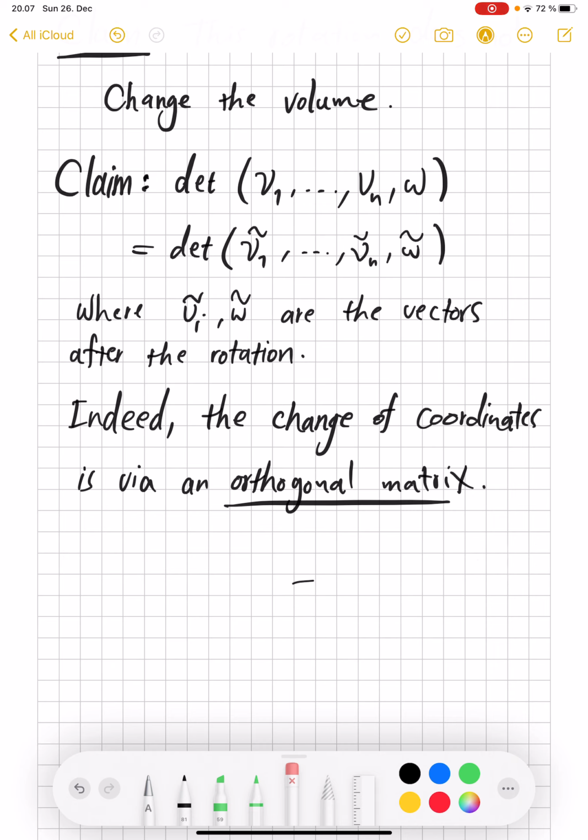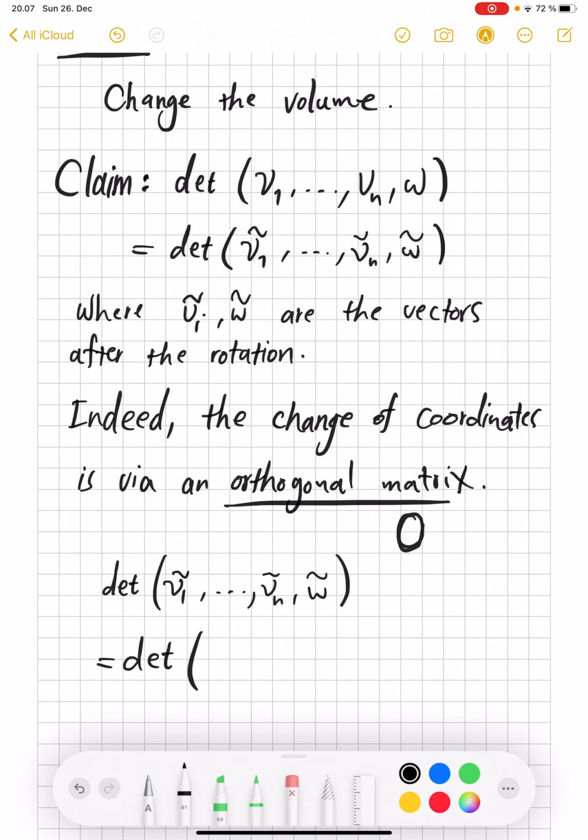So how does this prove the claim? Because the determinant of the matrix with columns v tilde, v tilde n, and w tilde will be the determinant of this, say called O, orthogonal matrix, times the matrix with vectors v1, ..., vn, and w.